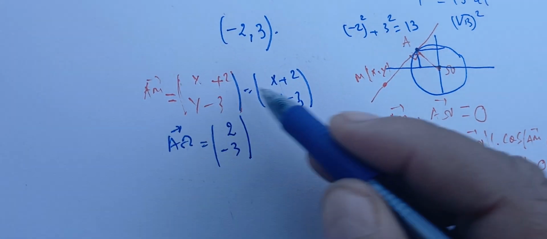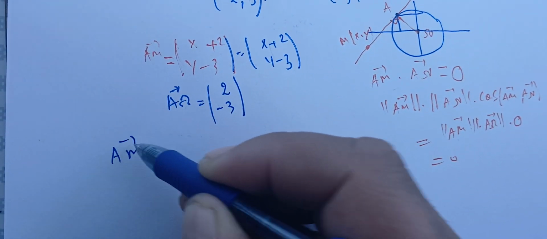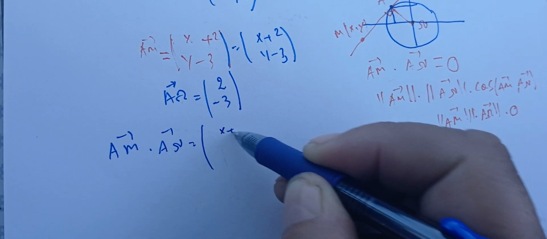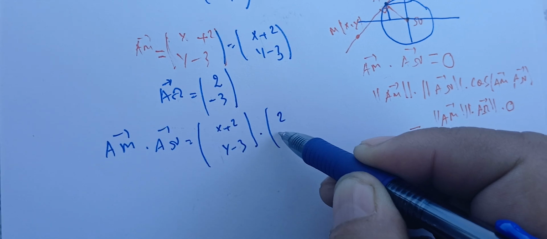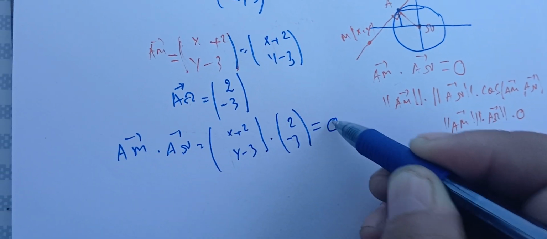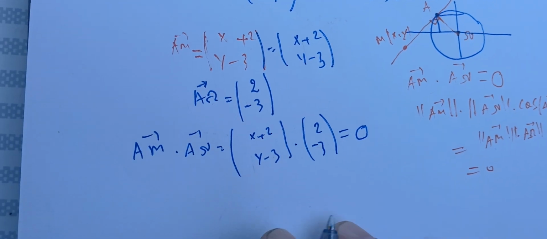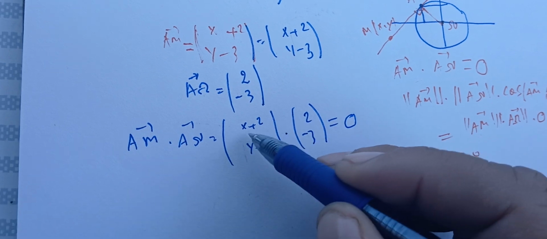And we know that in this case, the dot product of AM and A omega, which is (x plus 2, y minus 3) dotted with (2, -3), is 0, according to this definition, because the angle is 90 degrees. Okay, so here we do the dot product in the following manner.